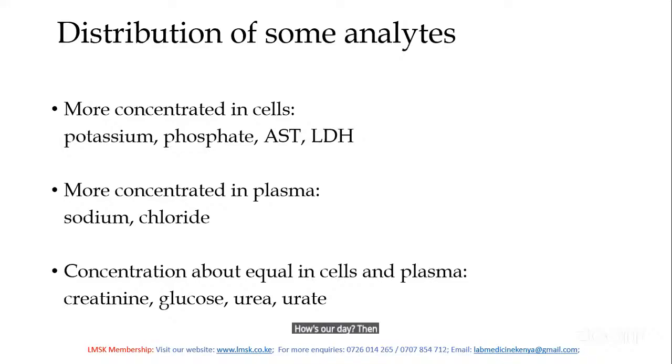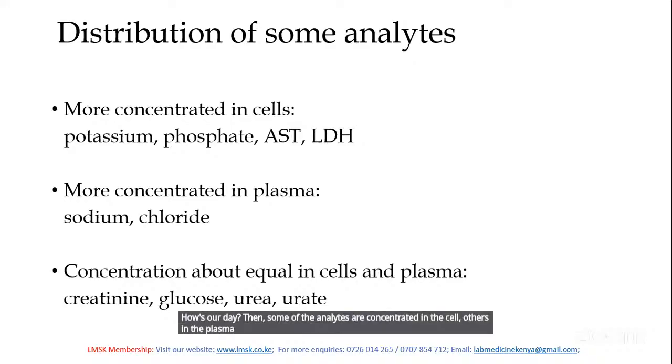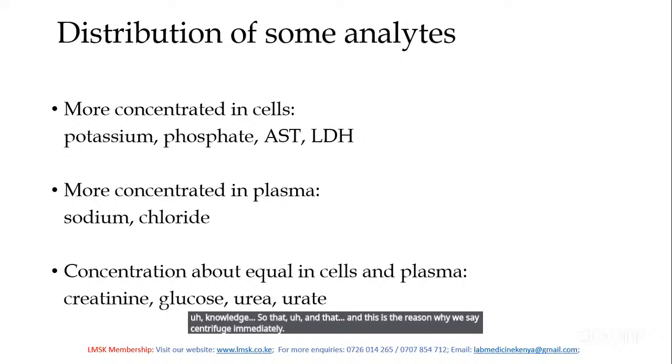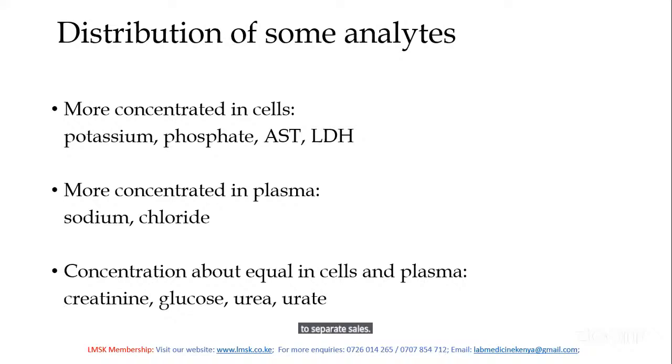Then some of the analytes are concentrated in the cells, others in the plasma, and some are just equal all over. I think you should also have that knowledge. This is the reason why we say centrifuge immediately to separate cells from the plasma or serum. We have potassium, phosphates, AST, and LDH, lactate dehydrogenase, aspartate transferase.